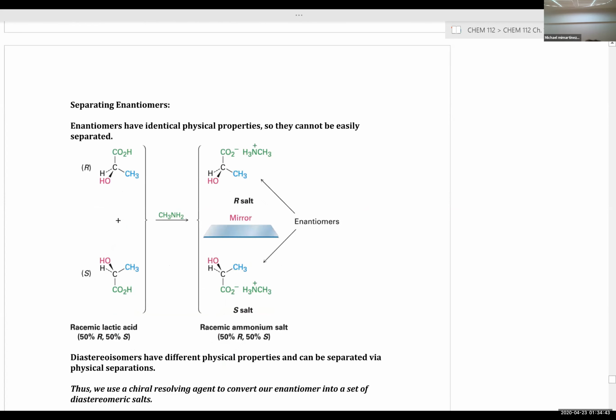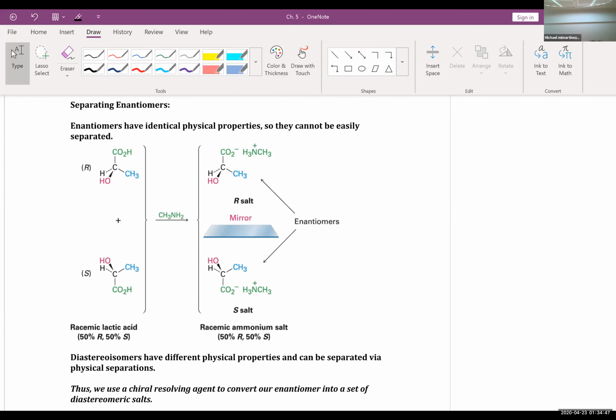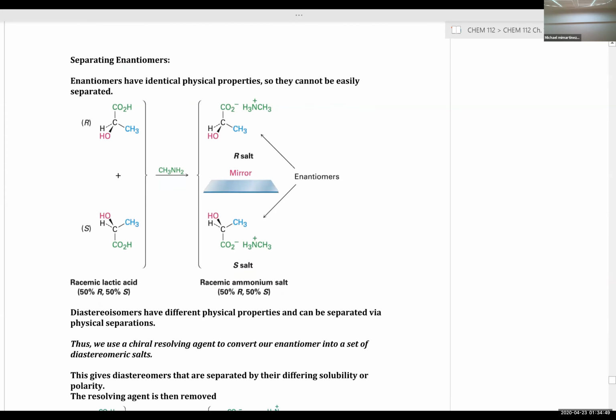Okay. Now our last major topic that we're going to address is this idea of separating enantiomers. Enantiomers have identical physical properties, so they cannot be easily separated. It's an unfortunate trait.